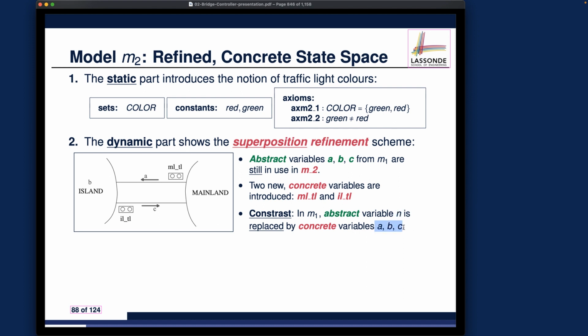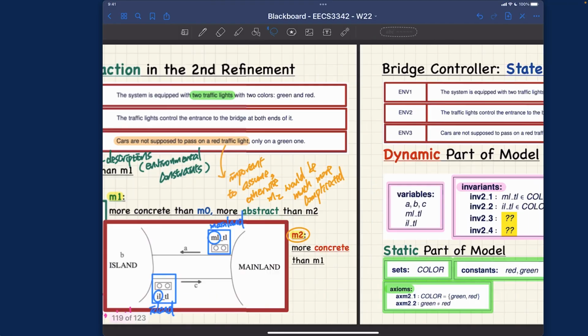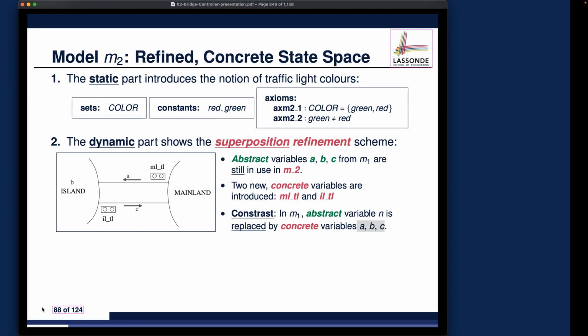It's a very important distinction you want to make. And remember the diagram I drew earlier. You really want to make sure you understand how to do the refinement step. The refinement scheme should be applied from M0 to M1 and also from M1 to M2. Right? It's a little bit of repetition here, but it's really important to emphasize.